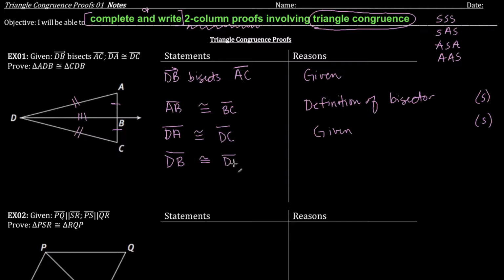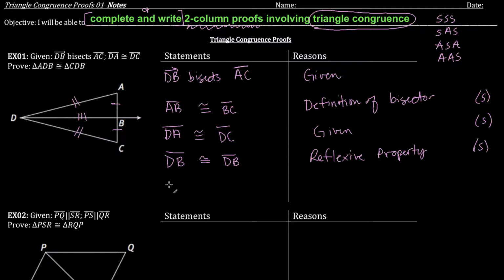So DB is congruent to DB. Sounds obvious, right? It is obvious. It's called the reflexive property. And so we proved that the last side was congruent.